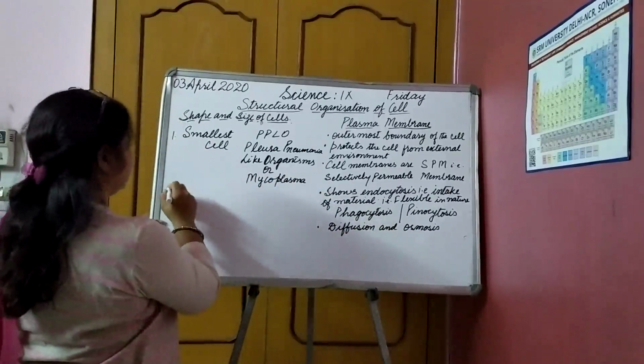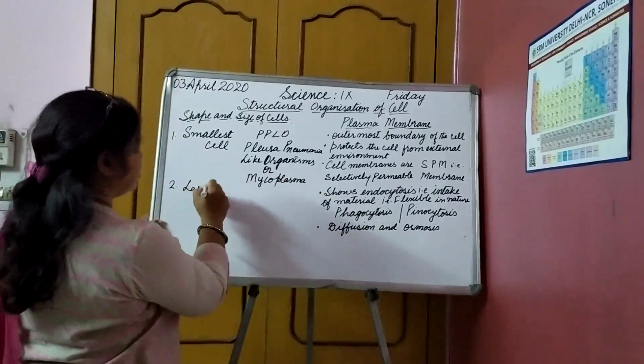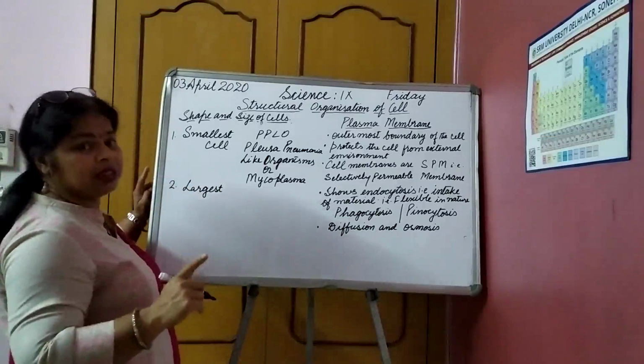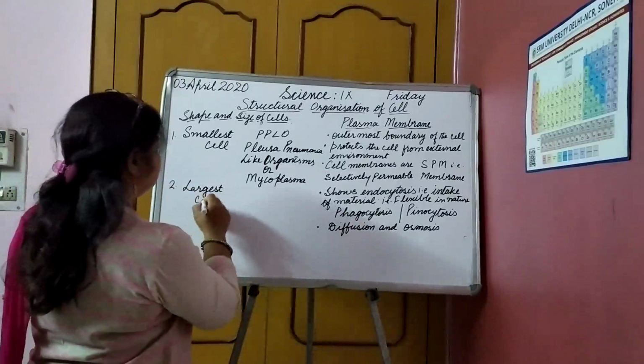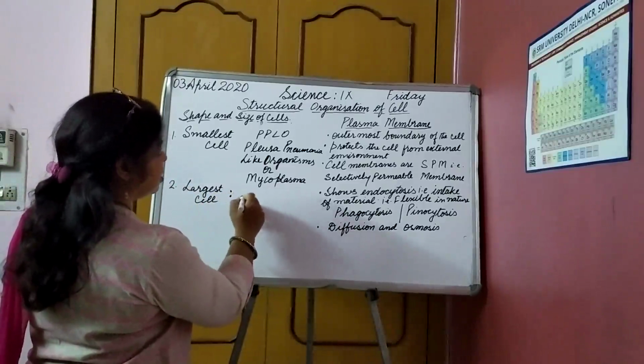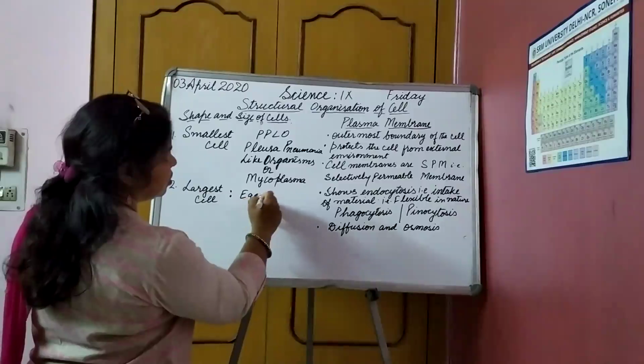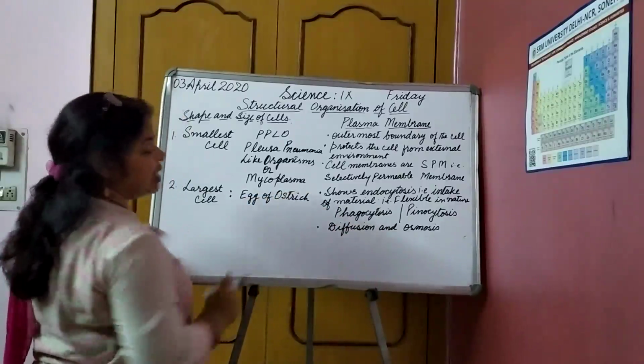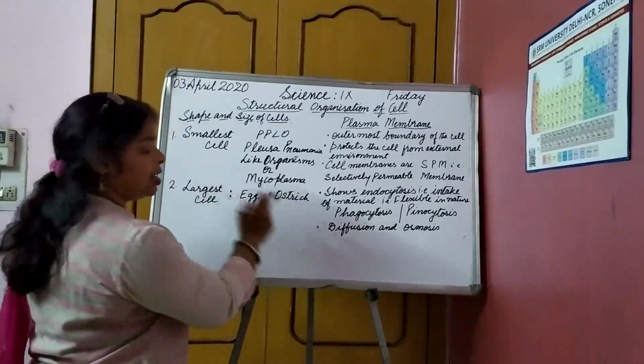Then the second one, the largest cell, which is a single cell. Here we are talking about single cells. The largest cell is the egg of an ostrich. It is single celled and it is the largest cell.